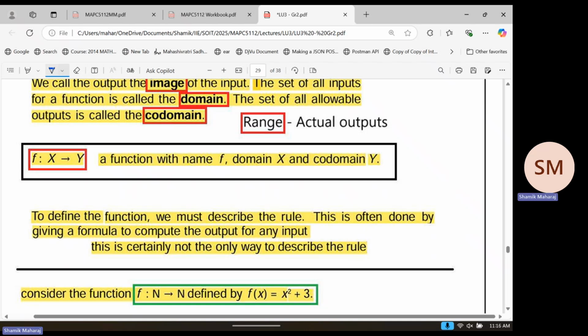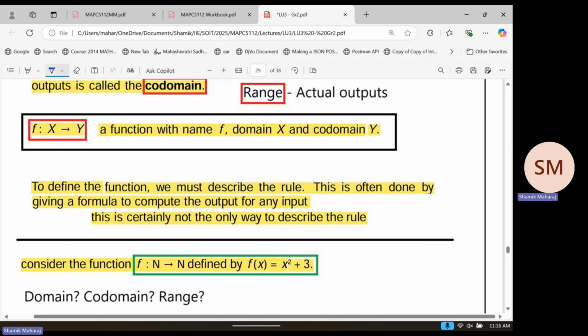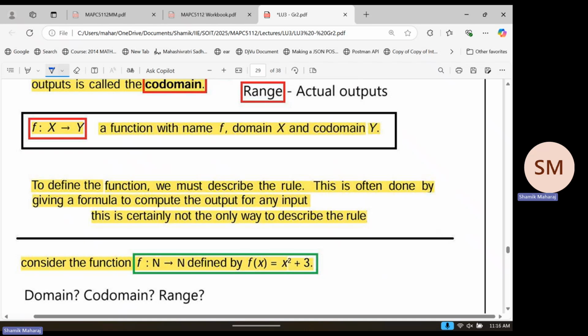Okay, so the last thing here that we need to know today is this general form of representing a function, which is shown up here in the red box. This is something that will come up over and over again. So it's telling us what the domain and the codomain is for a certain function. The function labeled as f.